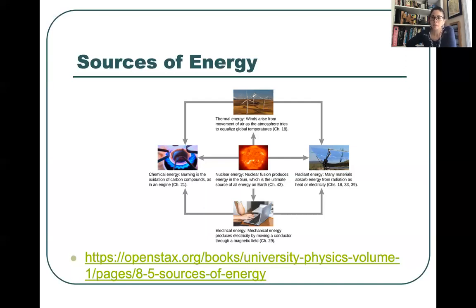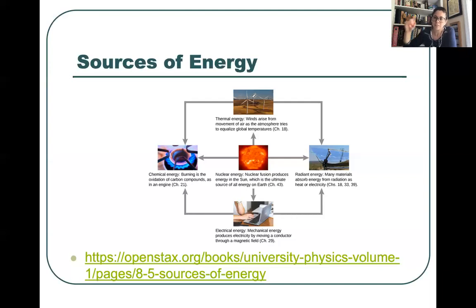If you think about where the winds come from, it's actually from the movement of air in the atmosphere, and that is all a consequence of fluid dynamics, and also this thermal energy that's setting all of this in motion. And again, things we'll talk more about as we talk about fluids and also thermal energy.